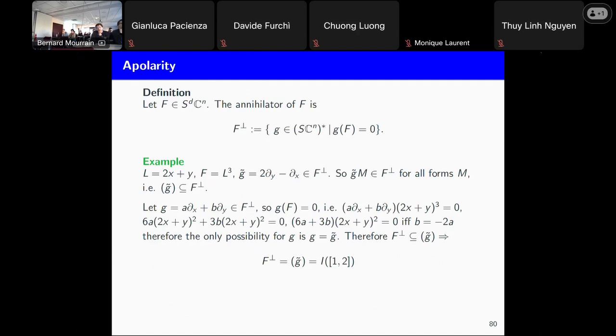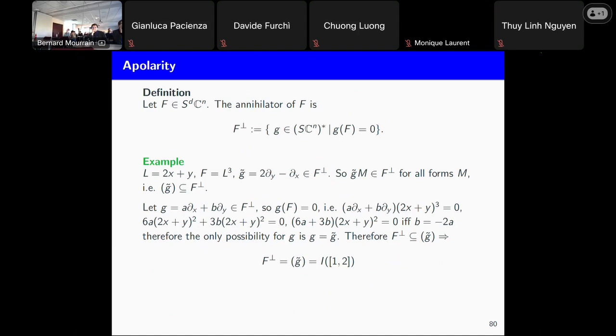Okay, and I also define the annihilator of F to be the set of all partials that kill my F. I fix my F and I look at all the partials that kill that F. I just use this perp, meaning that it is what kills F. It's not proper if you want to be strict in the notation, because when you do the perp, you use your perfect pairing, and the perfect pairing I defined was among two spaces of the same degree.